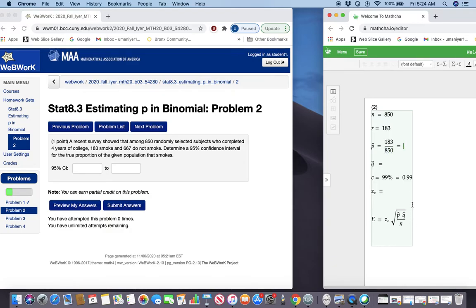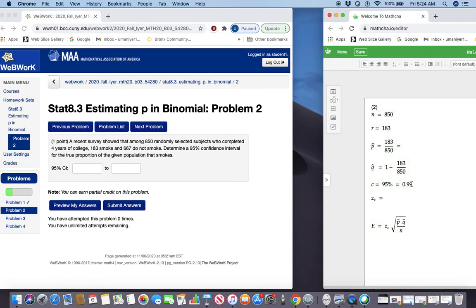All right. Q hat is the failure, so 1 minus all of this. That is Q hat.